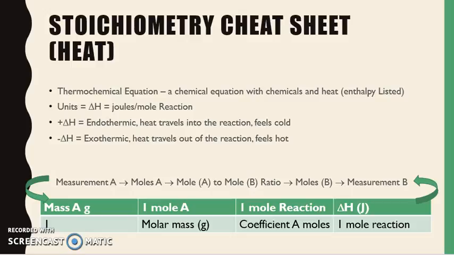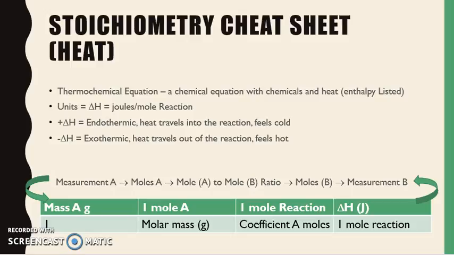But we can use this delta H to actually interconvert between joules and moles of anything, really, as long as it's in terms of per mole reaction. And remember that we define per mole reaction as the equation that you write in. So your mole-to-mole ratio is really strange, and notice how that looks on the screen here.